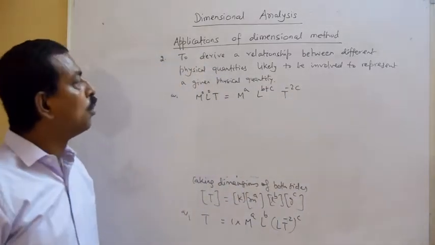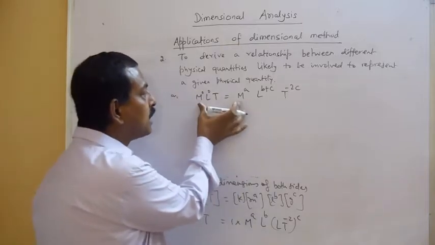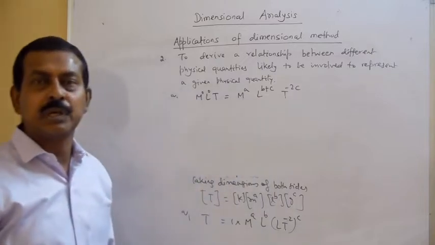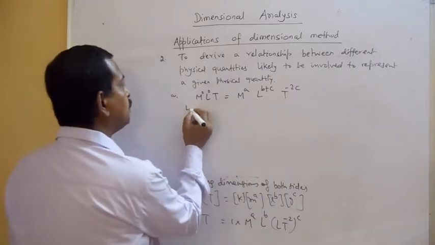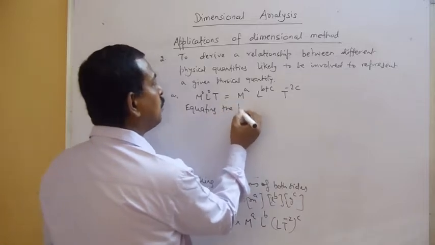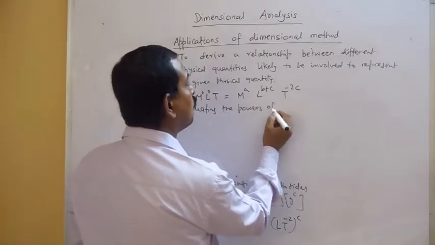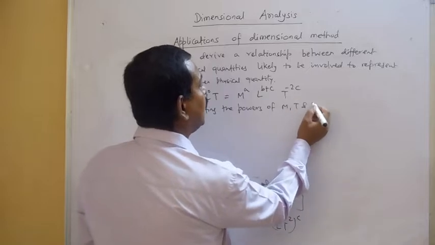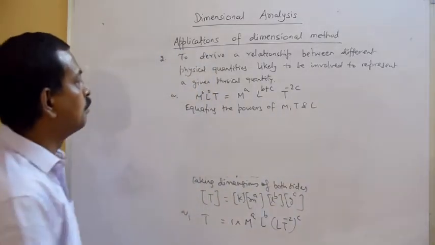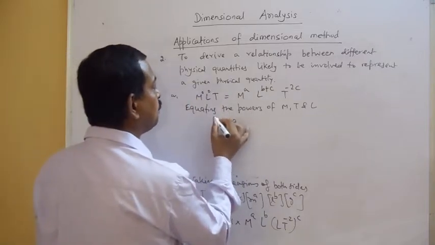So now we'll equate the powers of base units, like we'll equate the power of M, then T, then L. If you equate the power of M from both sides, you will get A equals 0.